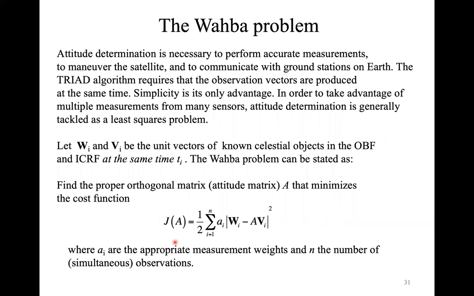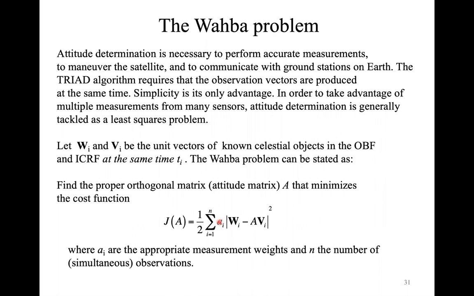Another important thing to discuss here is that, since we introduced a cost function that depends on the attitude matrix, we can include not only the differences between these two vectors, but also provide a weight on each observation. So if you know that, as I said before, W1 has a better precision with respect to the other observations, you can provide a larger measurement weight to that measurement.